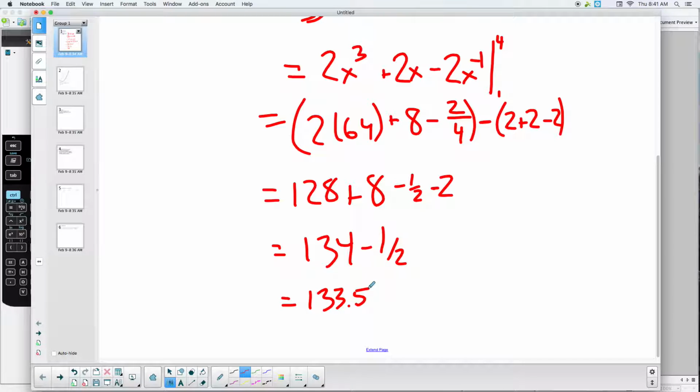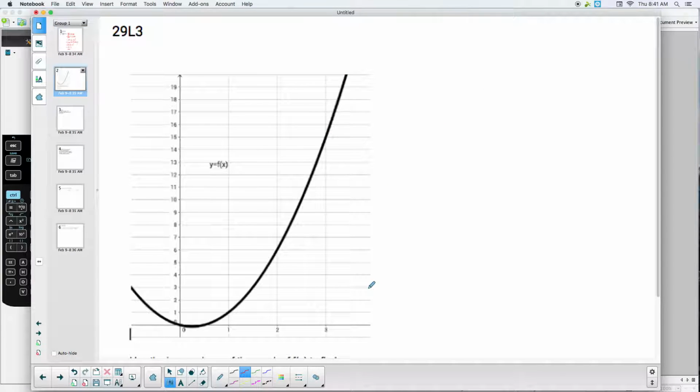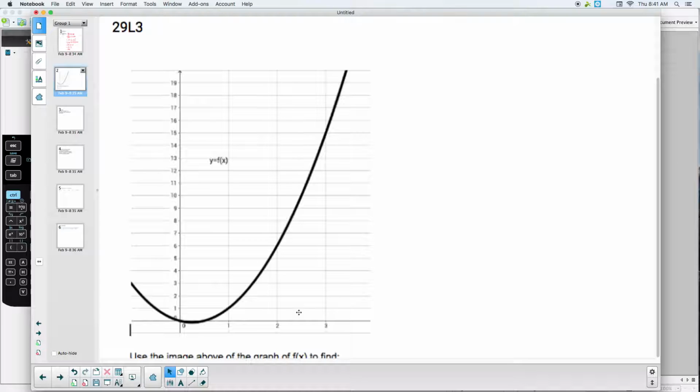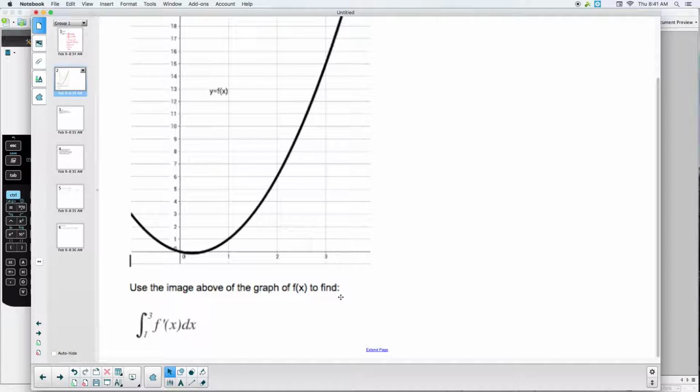All right, number 2. Oh, this one's a little big. Let's make it so we can see it. All right, that's good. Use the image above to find this integral from 1 to 3 of f prime of x. Well, starting with the antiderivative of the derivative, we know that simplifies to f of x.